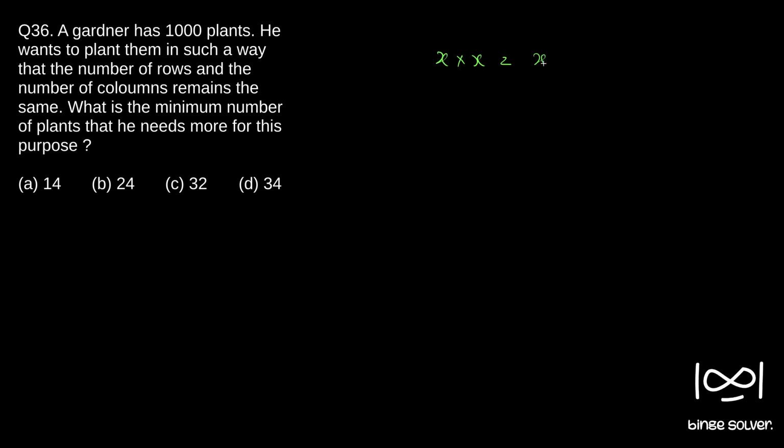So that is x square. So the question asks which number is a perfect square just above 1,000. So if you see 32 square, 32 into 32 is 1024.